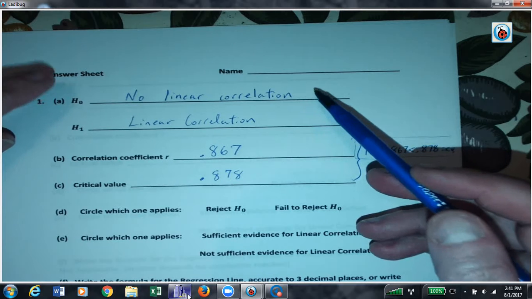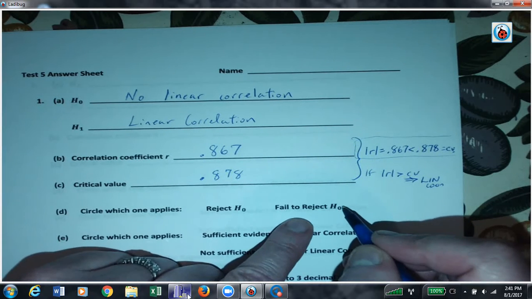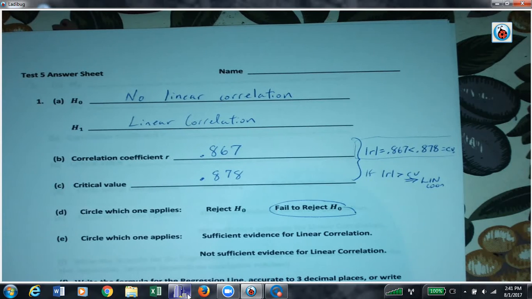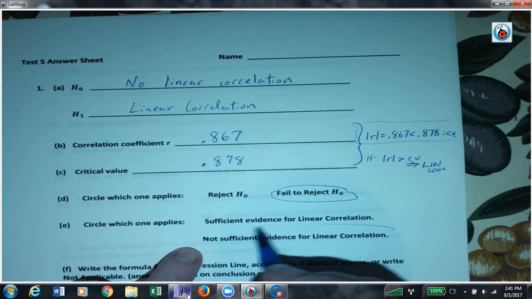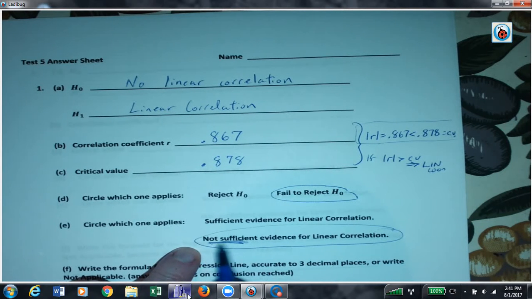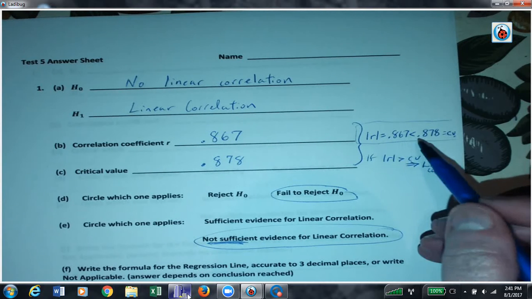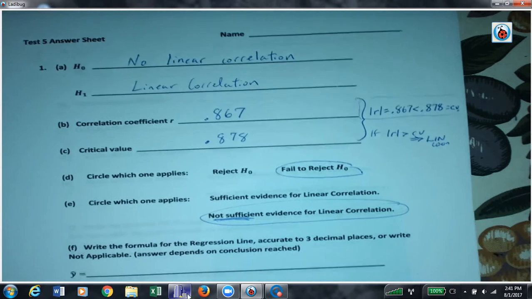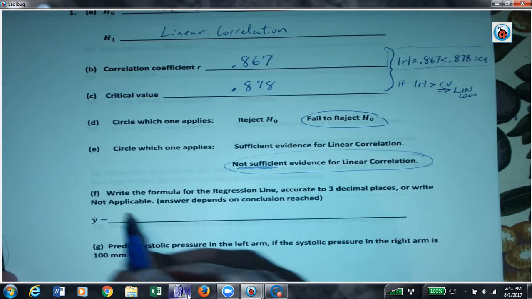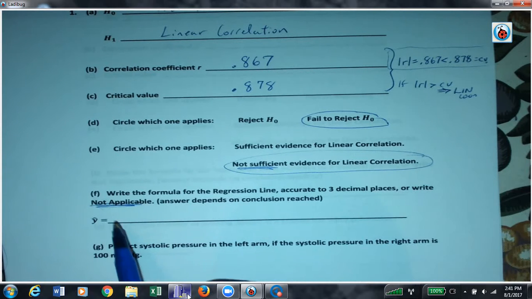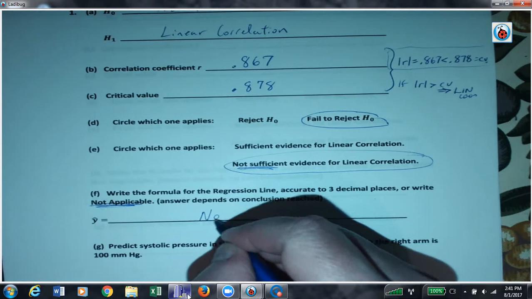We're going with the null hypothesis. So we fail to reject the null hypothesis. And there is not sufficient evidence for a linear correlation because the absolute value of R was smaller than our critical value. So our regression line here is not applicable because we don't have a linear correlation.